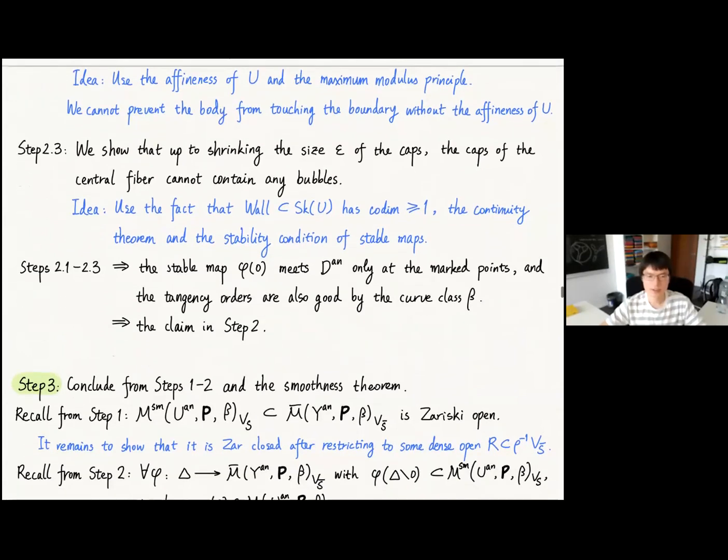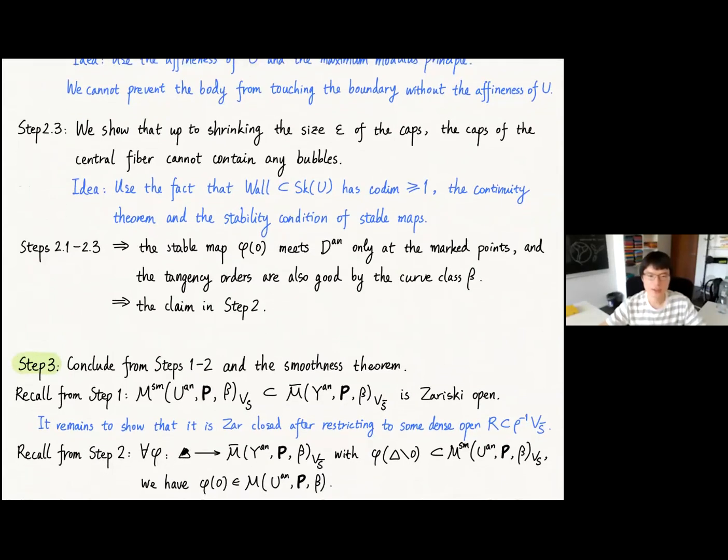And for this purpose, in step 2, we try to use some family over a closed unit disk to detect Zariski closure. So the claim in step 2 says that for any family in the proper stack M bar restricted to Vs bar, parametrized over by a closed unit disk such that the punctured disk lies in the good locus, then the central fiber has correct intersection numbers with the boundary.